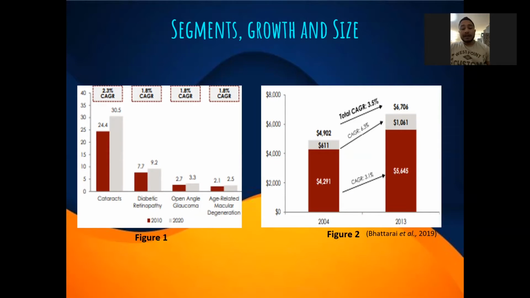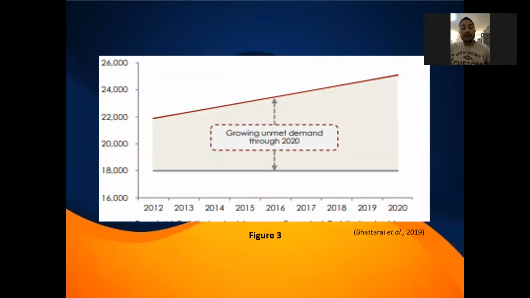The next slide, figure number 3, describes that there is an imminent difference between the expected number of people serviced in the vision care industry and those that actually cater to the industry needs, which mandates the intervention of voluntary sector organizations like Site Services.